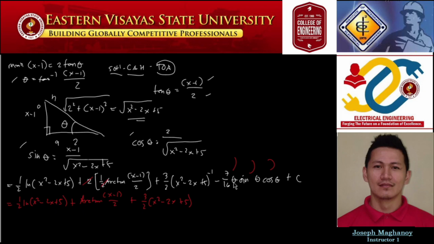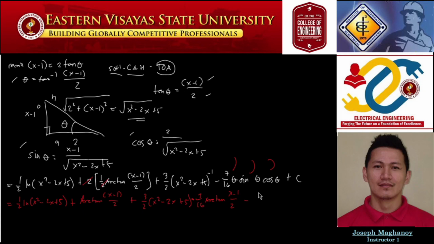Okay, for your theta, we substitute the value. That is 7 over 16 times arctan of x minus 1 over 2, minus your sine theta.